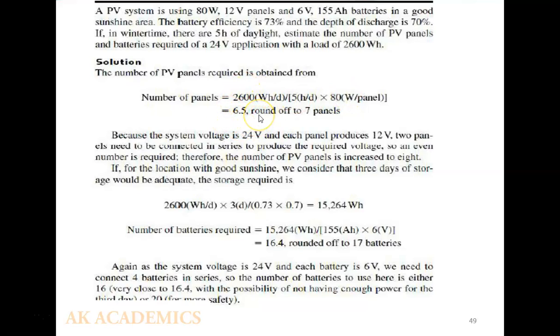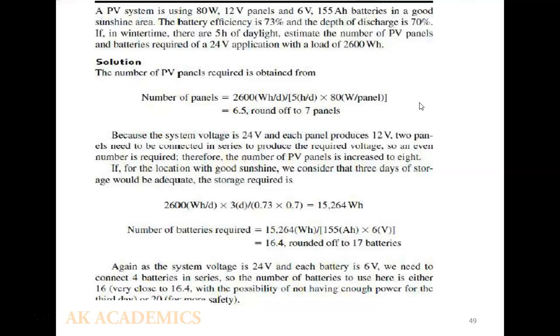Since we cannot have 6.5 panels, we can only have whole numbers, so we round this up to 7. If we have 7 panels and each panel is producing 400 watt hours per day, 400 times 7 will give us 2,800. The entire PV system will therefore be able to supply 2,800 watt hours, which is enough to meet the 2,600 watt hours demand on the PV.